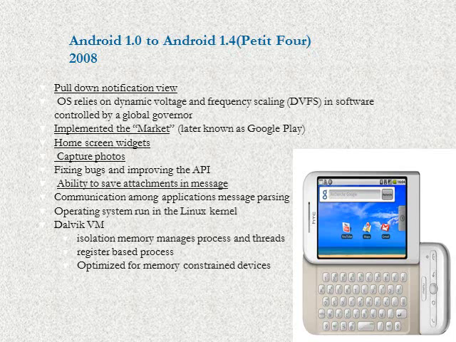The key features were pulling down the notification view, and it had already implemented the market, which today we know as Google Play. So at the time, users were able to download applications. We had several home screen widgets. The camera feature was there, and it also provided a facility where we can attach some media files with messages.